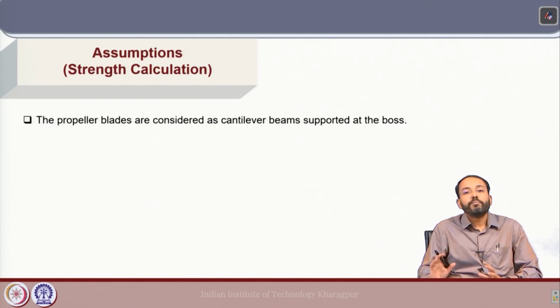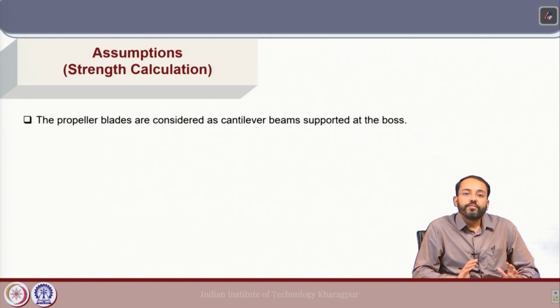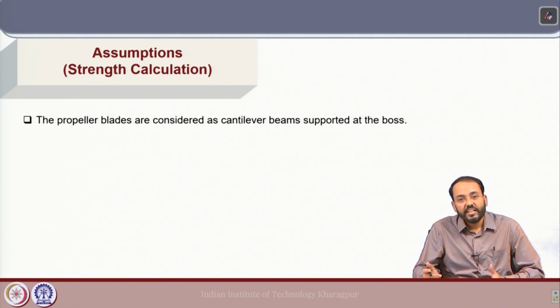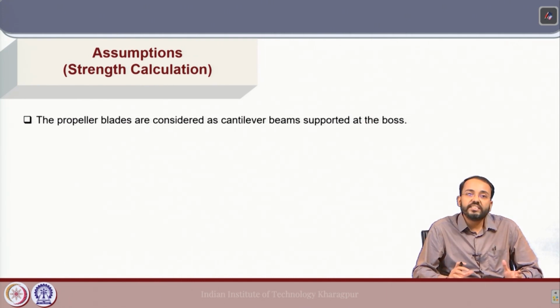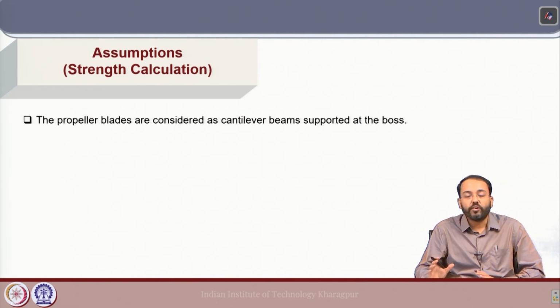Now, we will go through some basic assumptions which are made for propeller blade strength calculations. We have considered different types of beam based on end conditions in the beam theory. For propellers, we will consider that the blades behave like cantilever beams supported at the boss or at the hub.